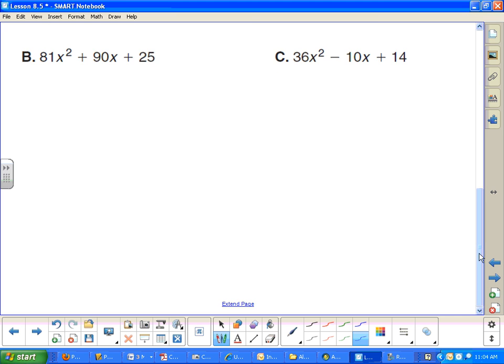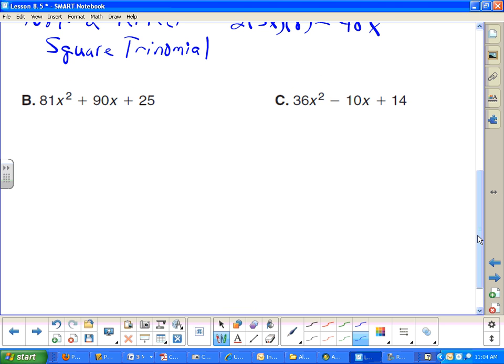Letter B. So is 81x squared, is that a square? Okay, so what's being squared there? Okay, so this is 9x squared here.